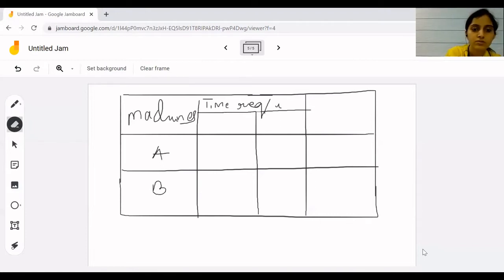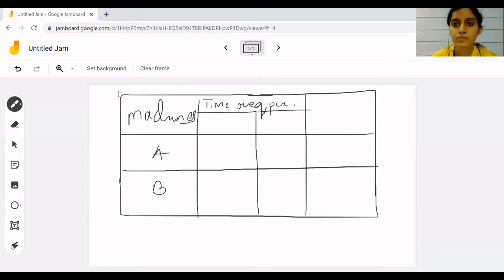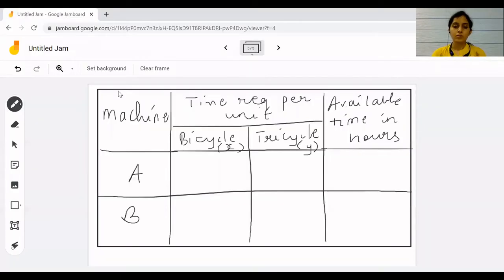Okay, that's a little small table. One minute. Okay, so now we have the table here.